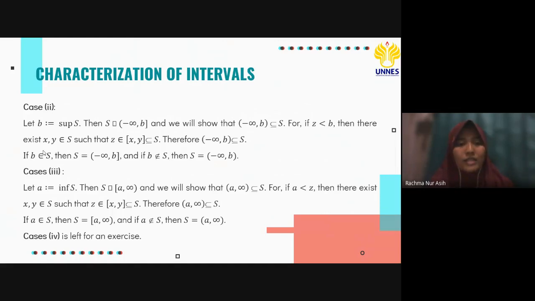Then S is a subset of the half-open interval from A to infinity.